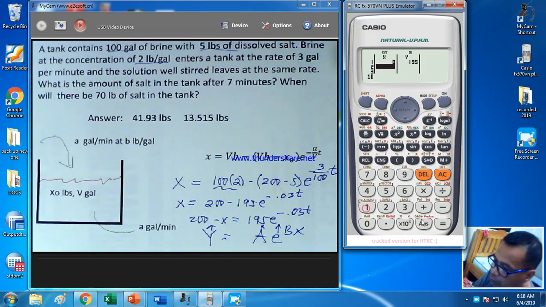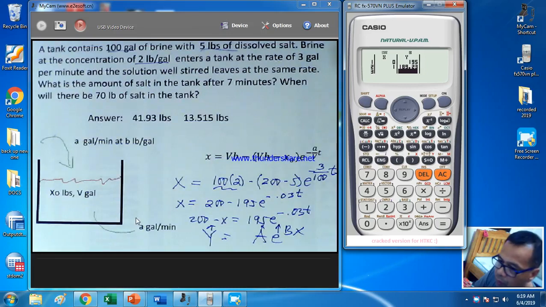When x is 1, this is the easiest number, just input 195 times e to the negative 0.03. Look, I just substituted it here in this equation. So we have now completed this model.